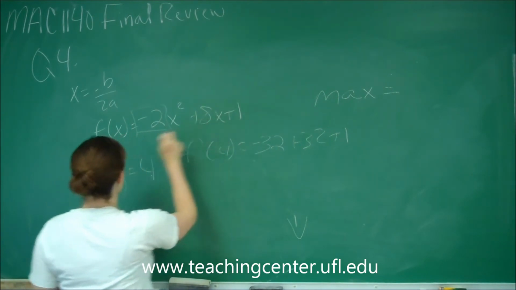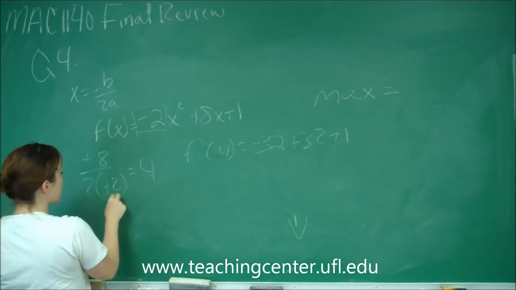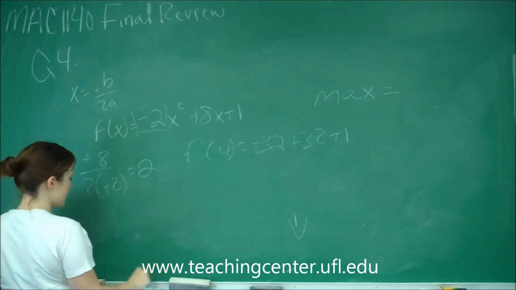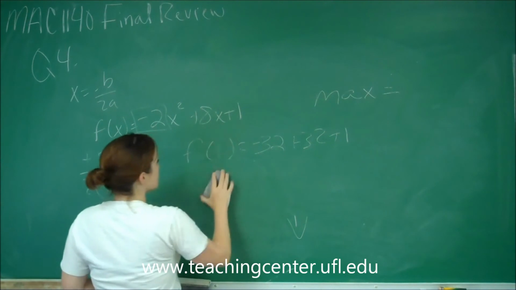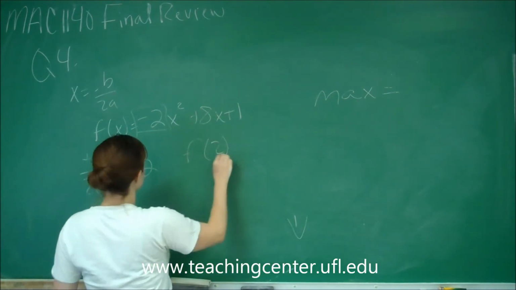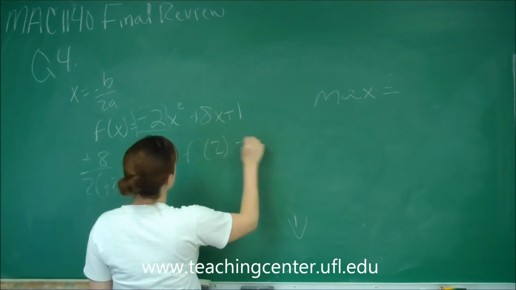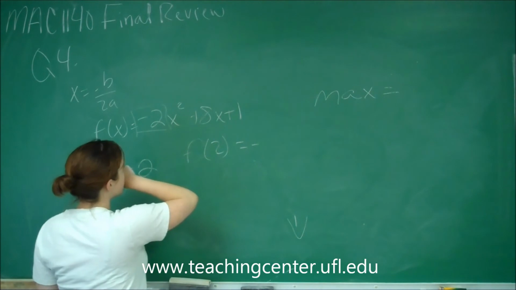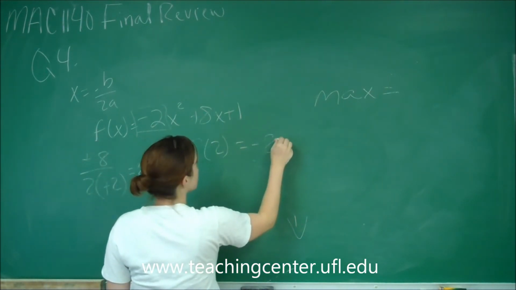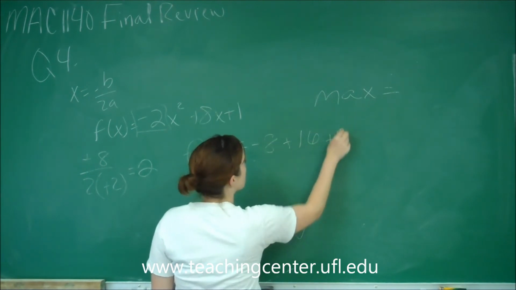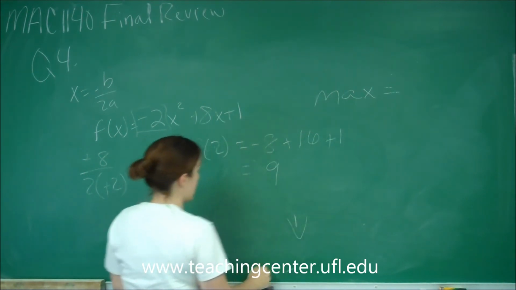Negative b, negative 8 over 2 times negative 2. Oh, sorry, 8 divided by 4 is not 4, it's 2. So then we're looking for f of 2, excuse me. So f of 2, we got 2 squared is 4 times negative 2 is negative 8, plus 2 times 8 is 16, plus 1, so that gives us a value of 9.